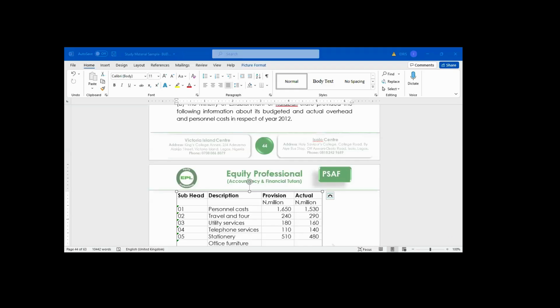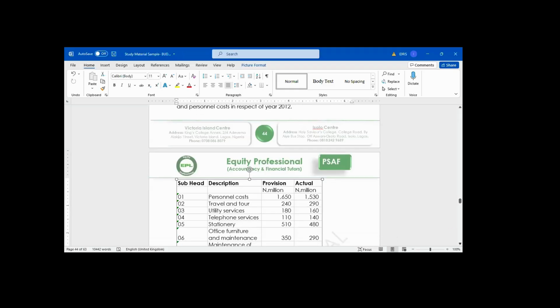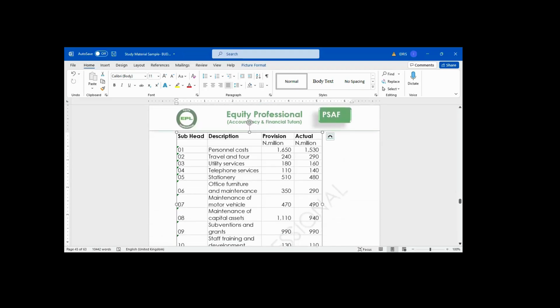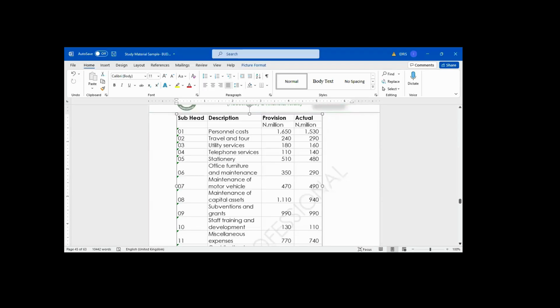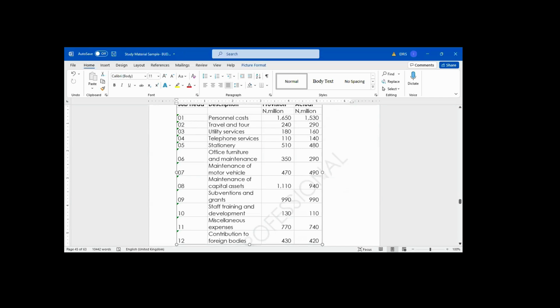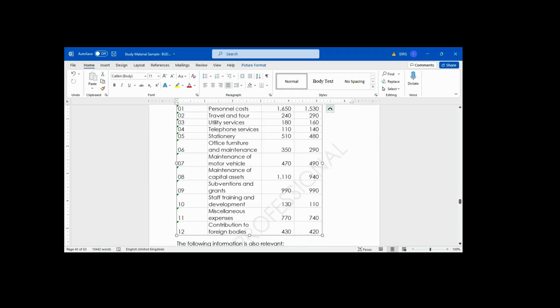What we are saying in essence is, your recurrent expenditure can be divided into two: personnel costs and overhead. Personnel cost is one of the recurrent expenditures on its own, while from 2 to the last one, which is 12, they are all overhead costs.